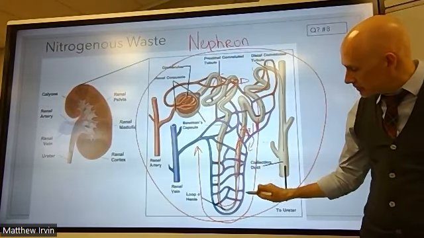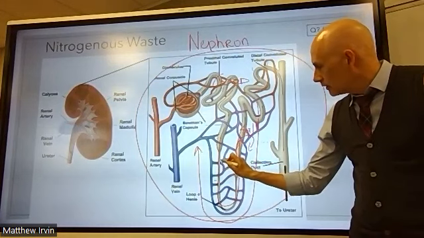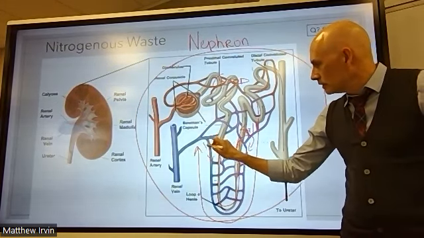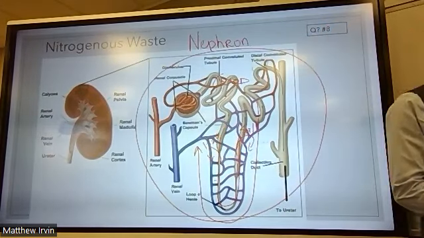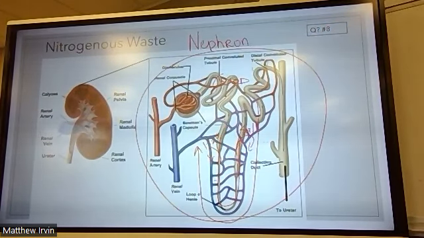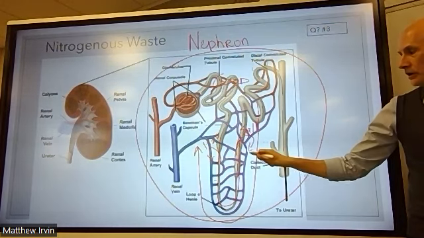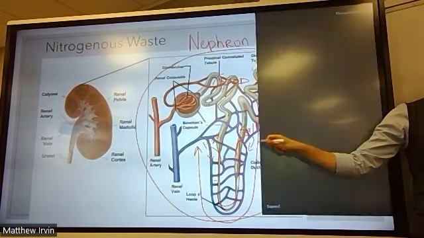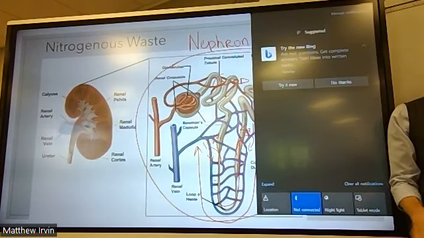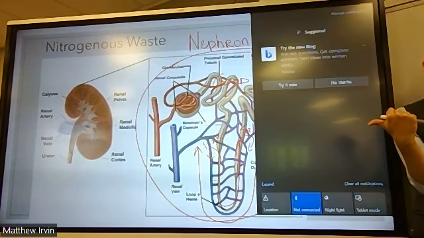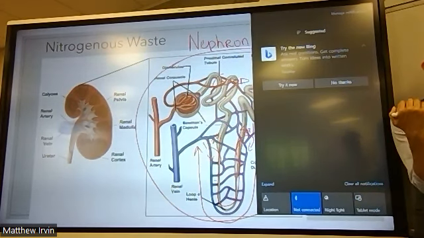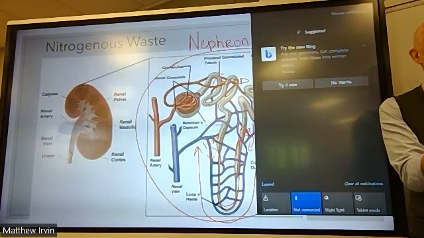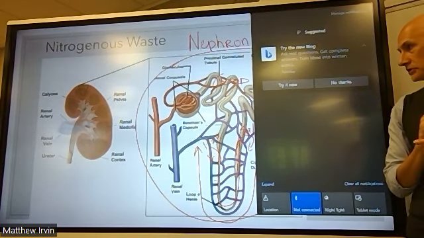So then when our blood comes over here, the water from the nephron goes into the capillary. If the water got absorbed first over here, and then over here where the salt is being extracted, what would happen to the water in the capillary? It would follow the salt out. So we want to pick up the salt first so we can pick up the water second. And that again is a countercurrent flow, which makes it more efficient.